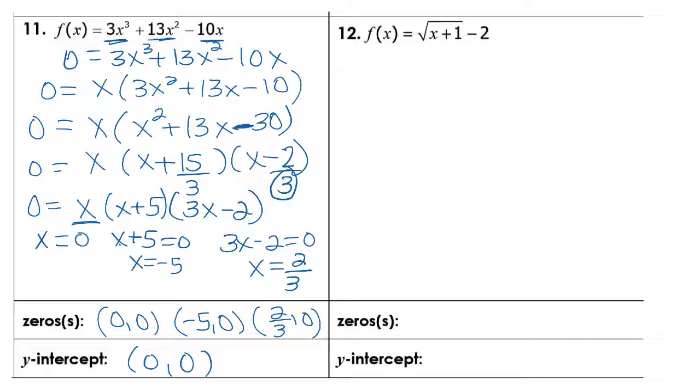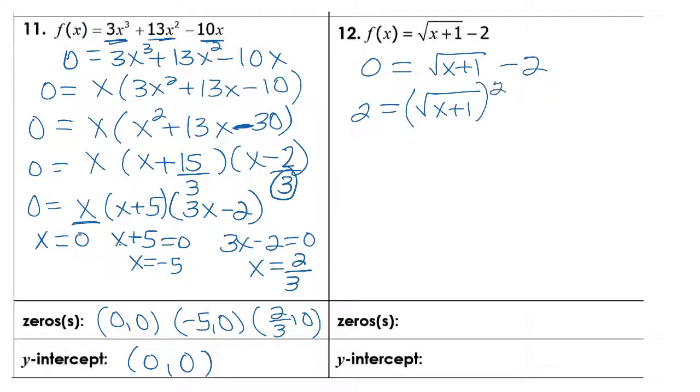So again, starting off, we need to start with our 0, don't we? The square root of x plus 1 minus 2. What are we going to do with that minus 2? We're going to have to add that over, so we have 2 equals the square root of x plus 1. How do I get rid of the square root?